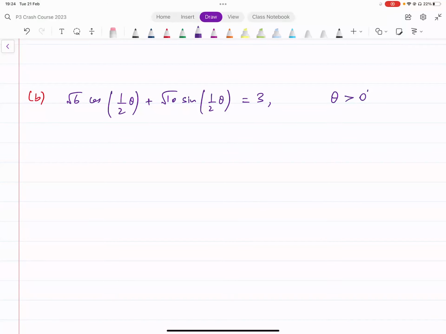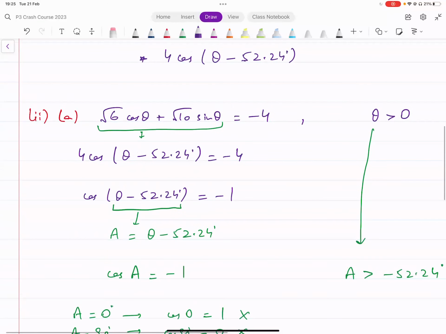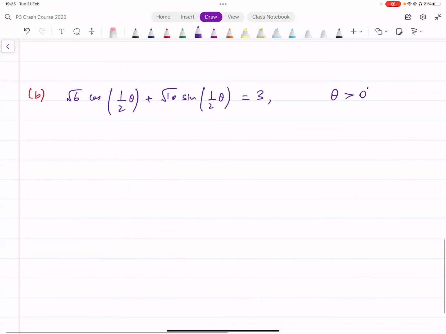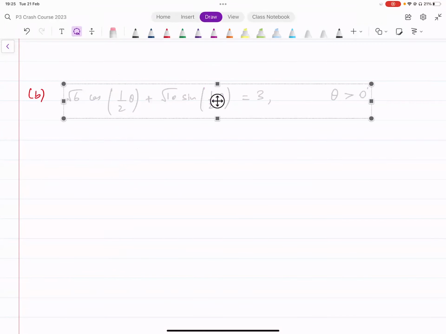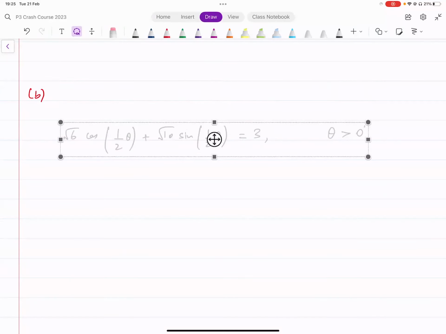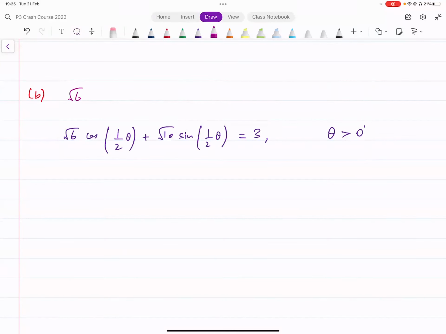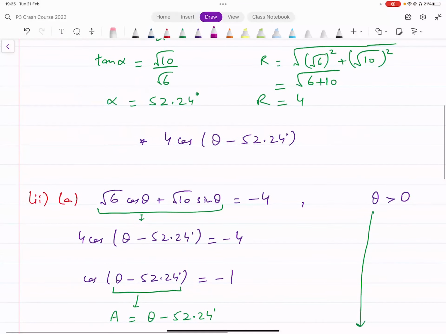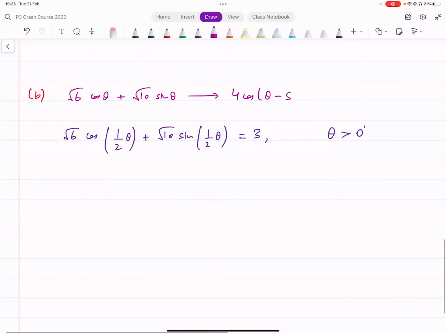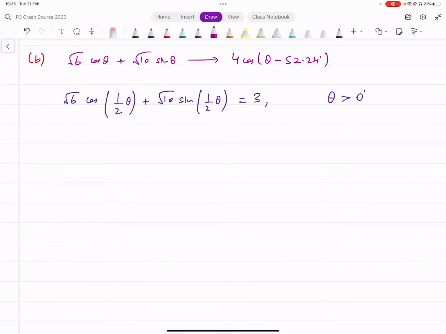Now again, how do we start? We have done something in the first part, and that is we have converted this expression, square root of 6 into cos theta plus square root of 10 into sine theta, to 4 cos of theta minus 52.24. This is what we have done in the first part. Now, how are these two similar?